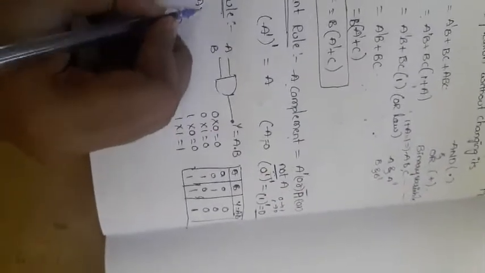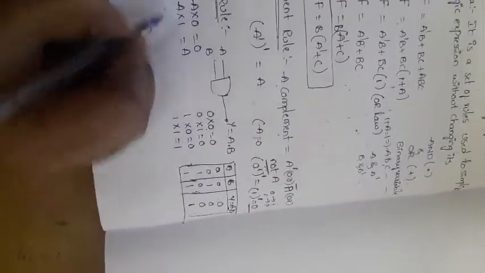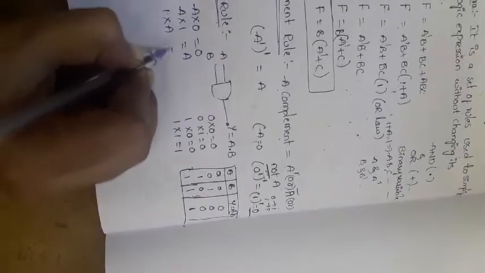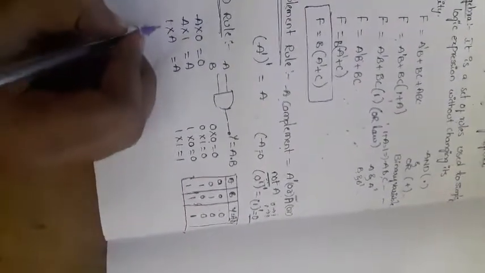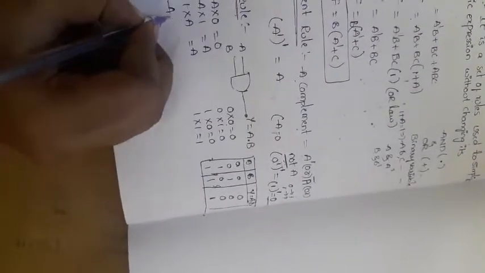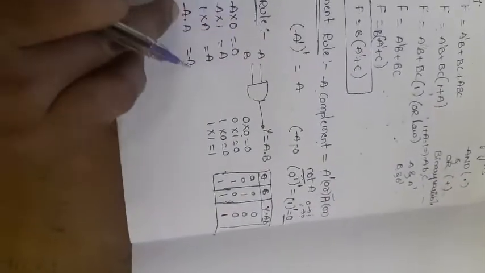Like this: a into 0 is 0, a into 1 is a, 1 into a is a. Another one is a into a. What is the result? a.